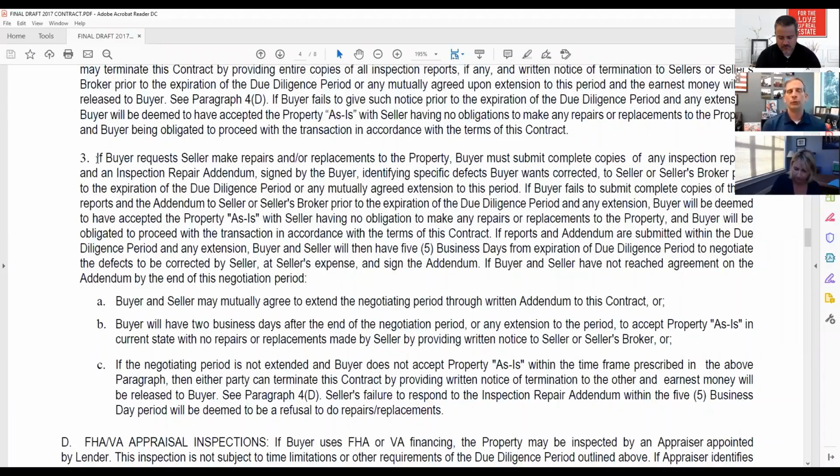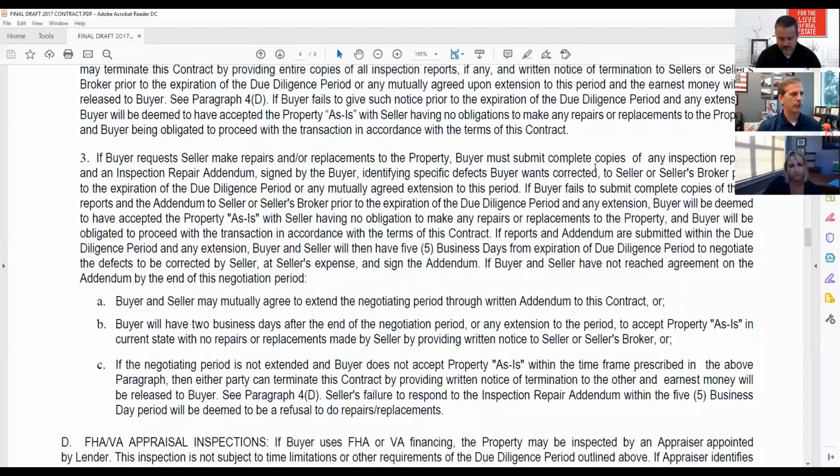Which would you prefer? And the buyer could say, yeah, go ahead and respond now and end it. And then you would respond, yes, I'll make the repairs, and put in this hereby ends the due diligence period. So that's how you need to handle that. Don't just assume because somebody gave you a repair request on day 1 that it hereby ends the period. It does not. All right.